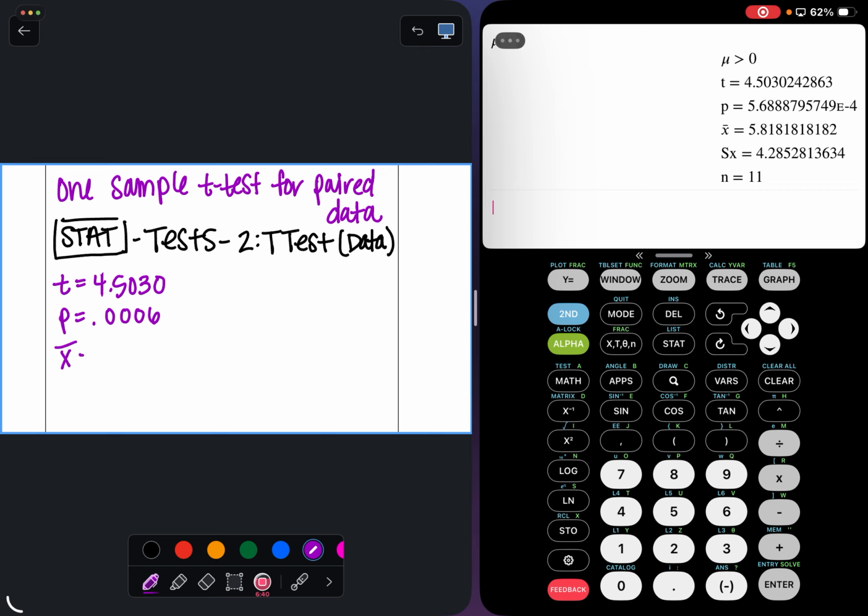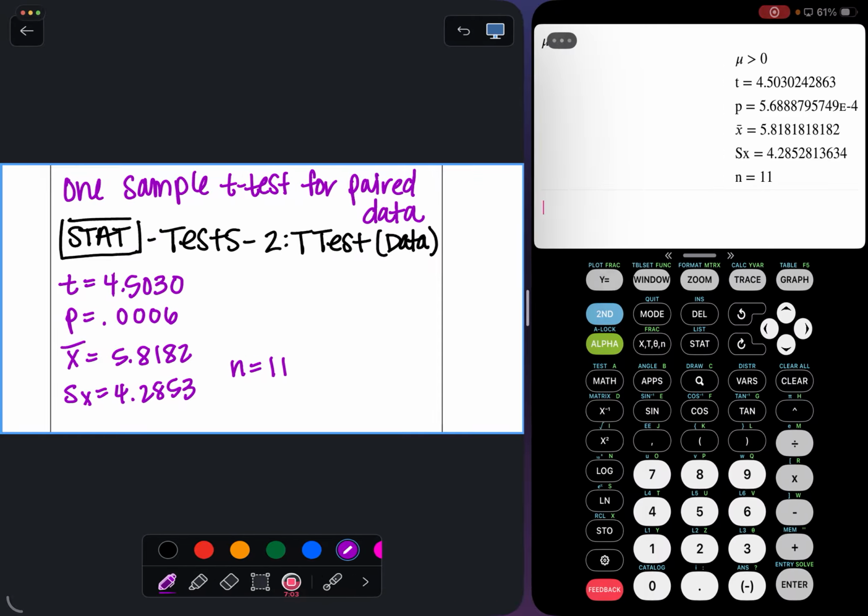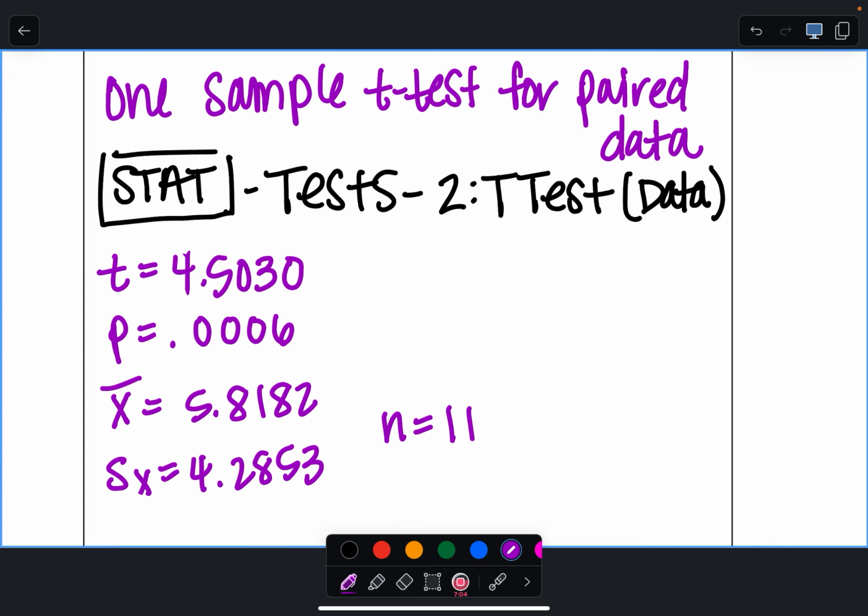And I usually will always say it doesn't hurt to write down the summary statistics. This again is mostly just to cover all of your bases, because potentially you could type something in incorrectly, and if you only report a t or a p, we are not going to know why.